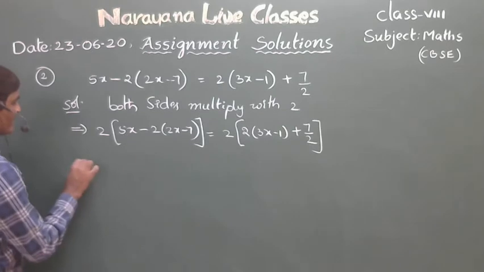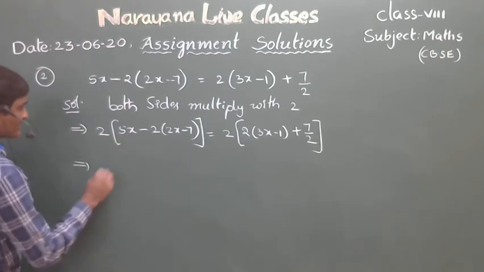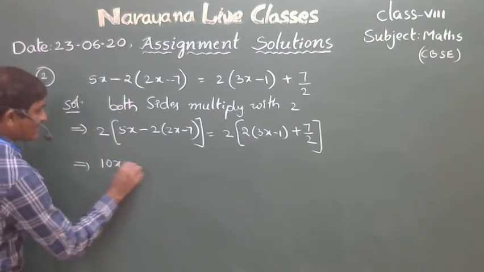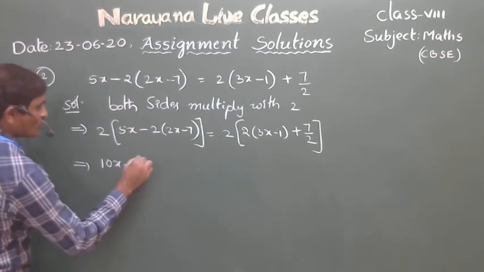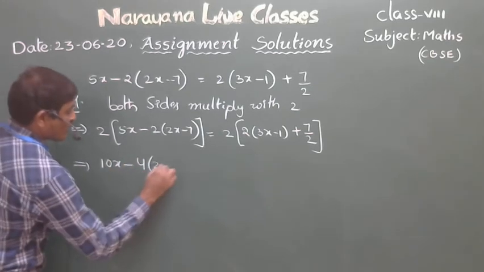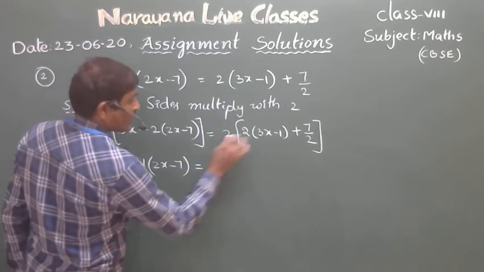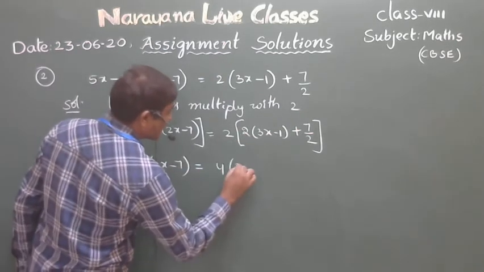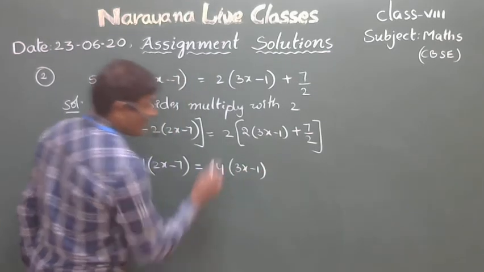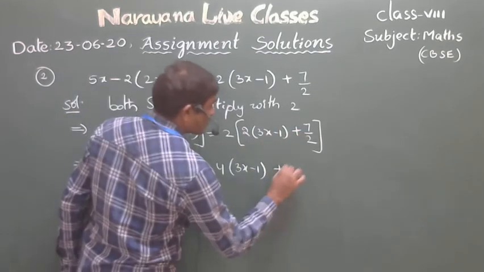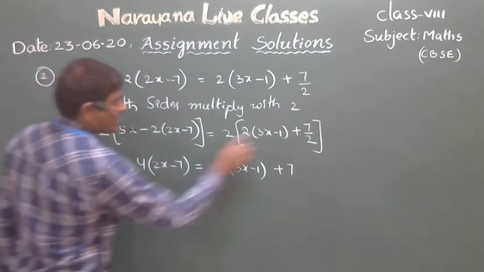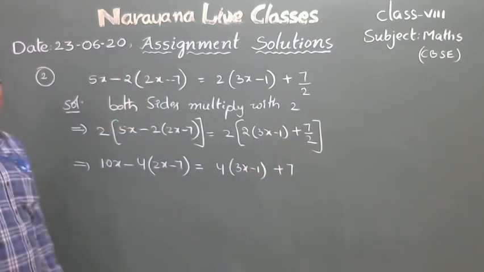Now here see, 2 into 5x is 10x, minus 2 into 2 is 4, into (2x minus 7), equal to 2 into 2 is 4 into (3x minus 1). Again 2 into 7 by 2 cancels, 7 only.